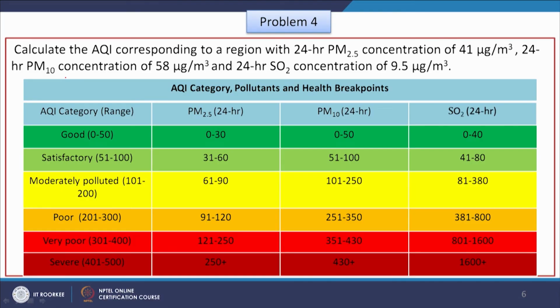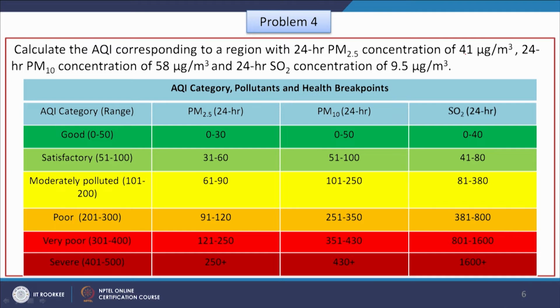We have also discussed that at least 3 quality parameters have to be considered, here 3 are there, and out of that one must be PM 2.5 or PM 10. Both PM 2.5 and PM 10 are available here, so we can calculate the AQI. For the calculation we need some parameters: IHI, ILO, BHI, BLO and Cp.